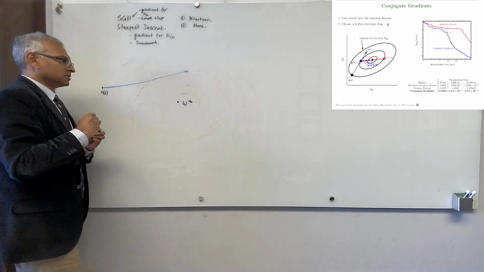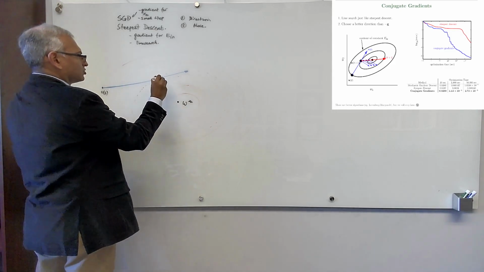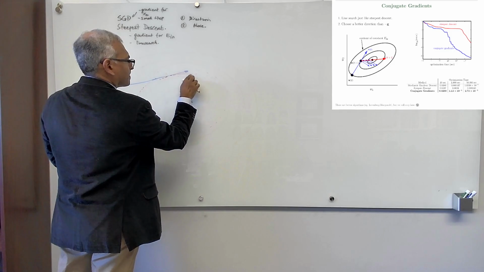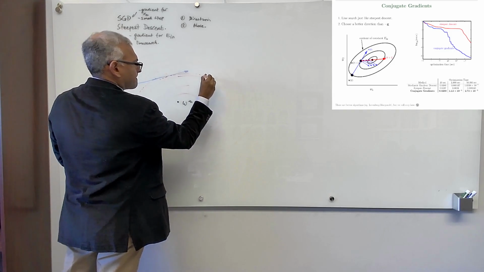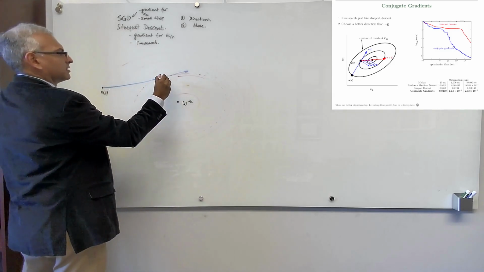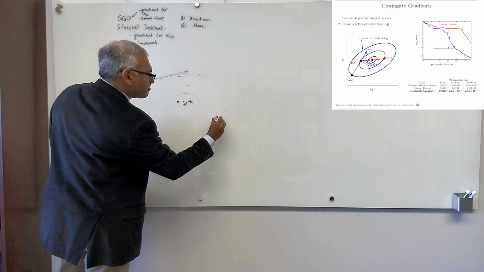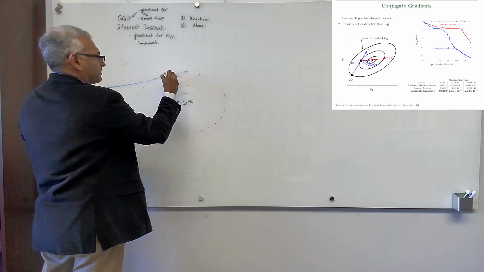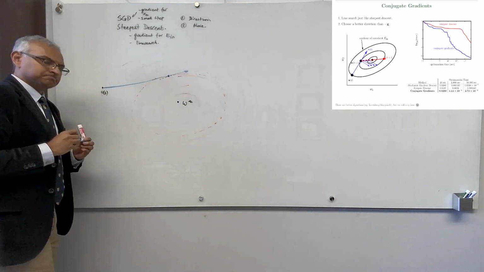Let's draw another contour here, which is tangent to that one. Another contour that's tangent to that one. So where do we end up? We end up here.